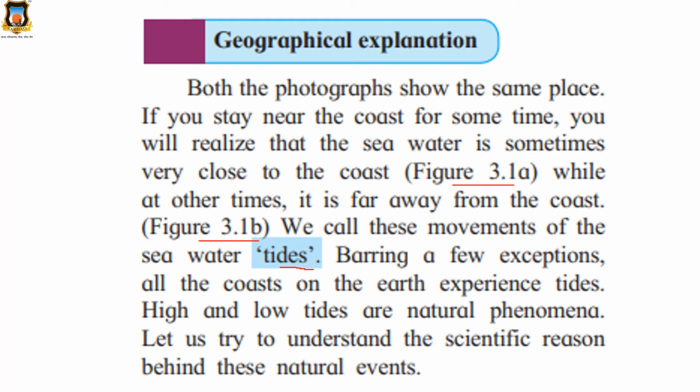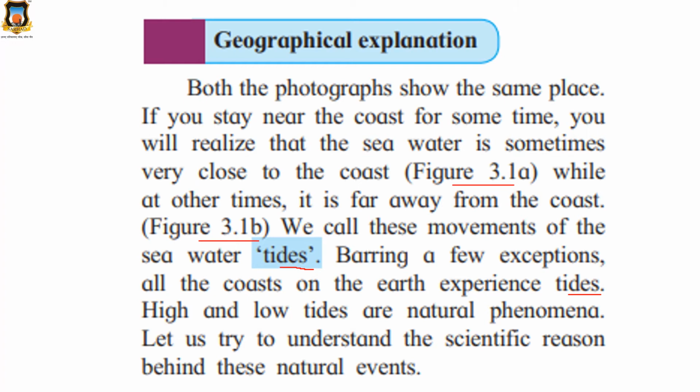Barring a few exceptions, all the coasts on the earth experience tides. I hope you all know what a coast, a sea coast, is, samudra kinar. Each and every coast experiences tides.